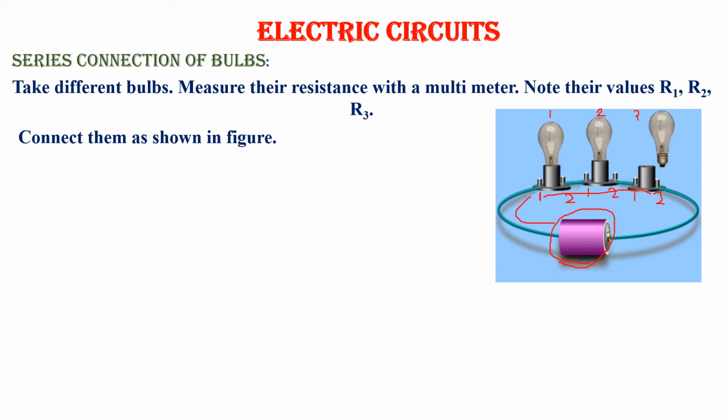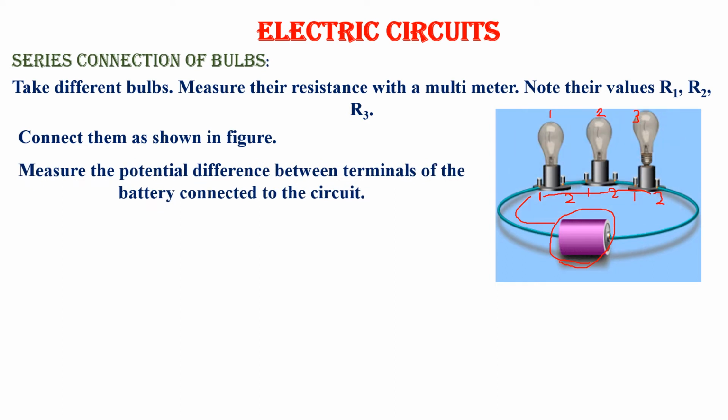The first terminal of the first bulb is connected to the battery. The second terminal of the first bulb is connected to the first terminal of the second bulb. The second terminal of the second bulb is connected to the first terminal of the third bulb. And the second terminal of the third bulb is connected to the battery again. So this is called series connection.